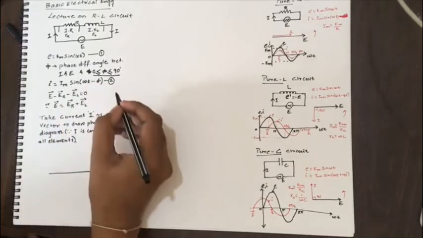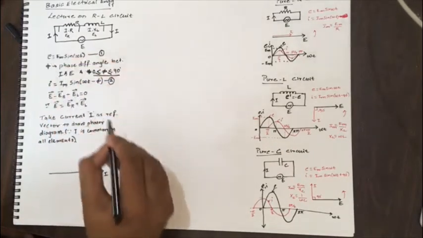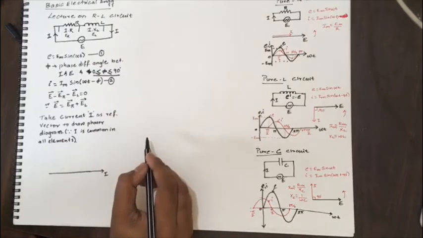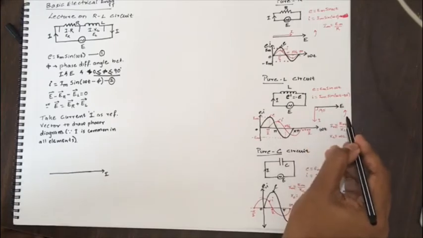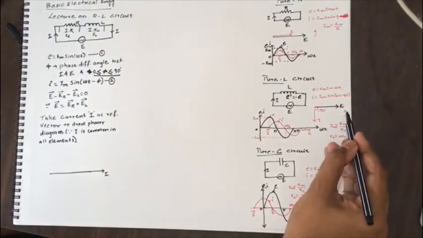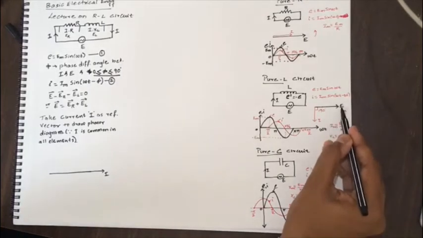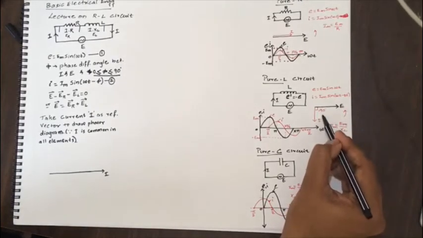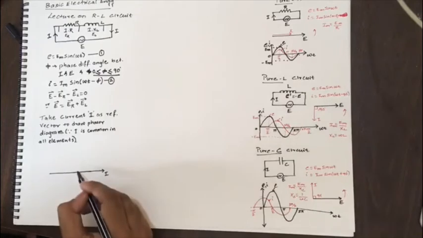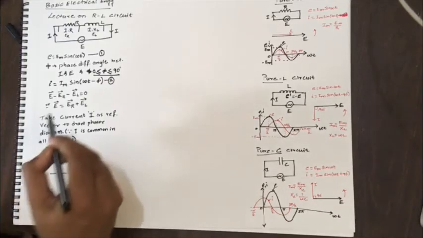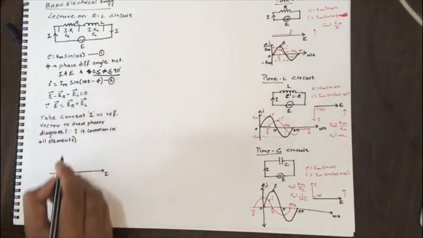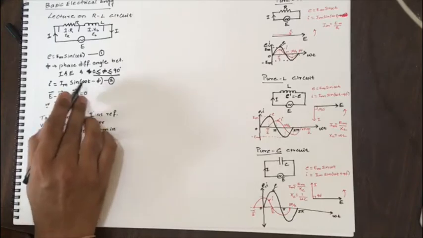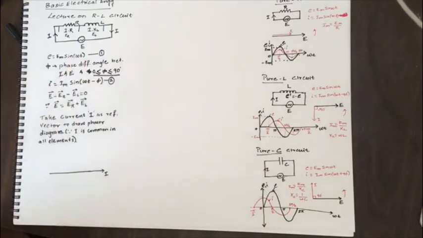Now we know that current I is lagging behind voltage E by an angle phi. Here we observe current I is lagging behind voltage by an angle of 90 degrees. With respect to the direction of rotation of vectors, we can see here that voltage E is leading the current I by an angle of 90 degrees. When I apply the similar analogy here, I can say taking current as reference, it makes I equal to Im sin omega t, and it makes E equal to Em sin(omega t plus phi).